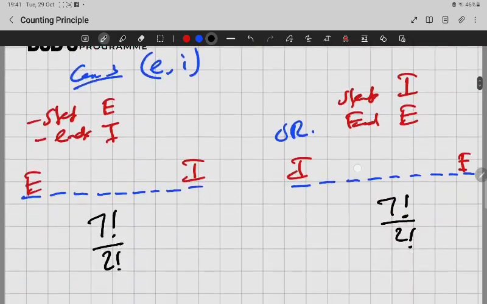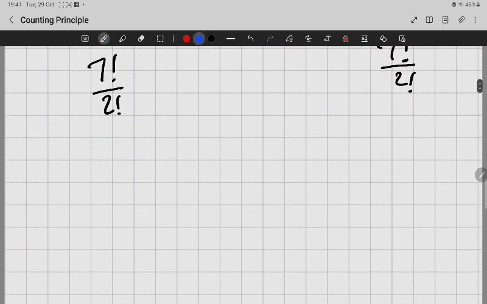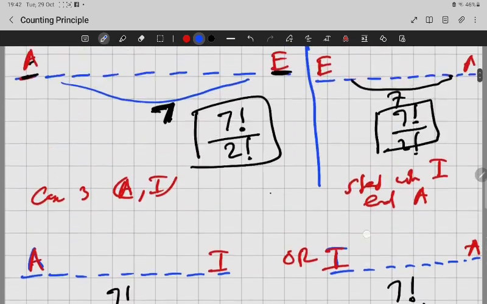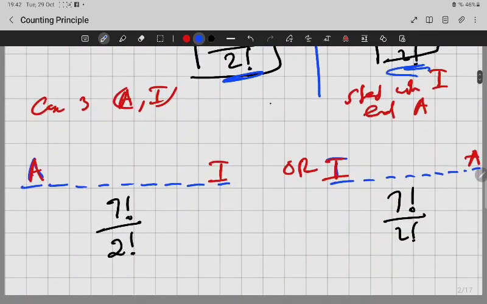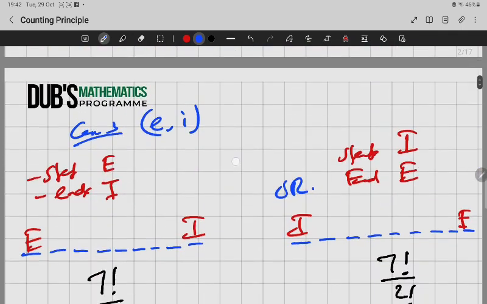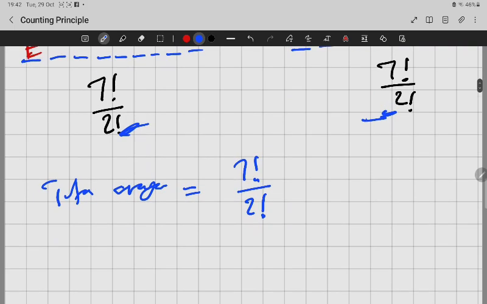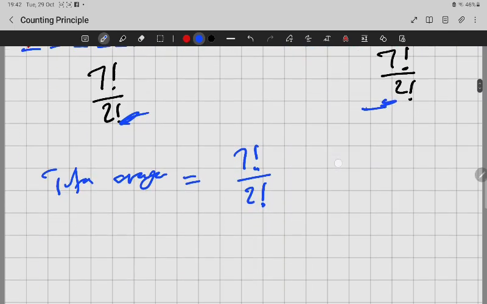So now let's look at how many total arrangements we can have here. Total arrangements, we're going to add all of these. So we have 7 factorial over 2 factorial, plus that plus that plus that plus that plus that, because those are all different options. Basically, we're using an O. When we're using an O, we are adding.